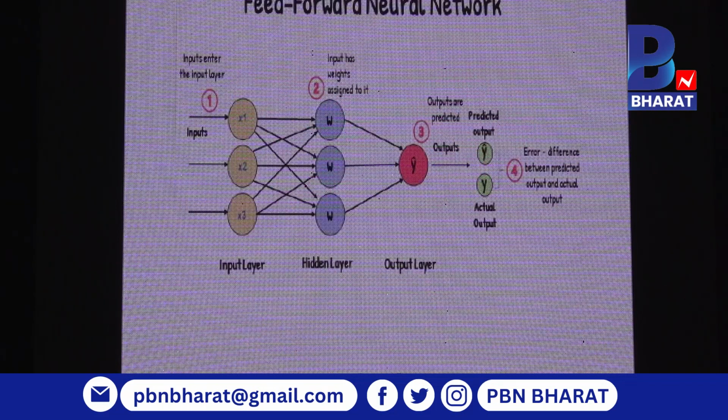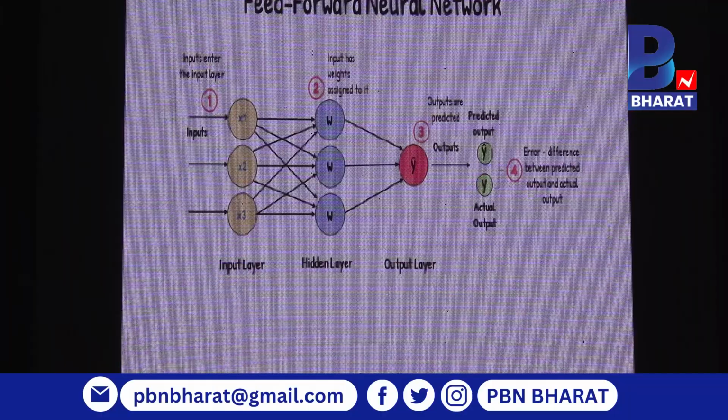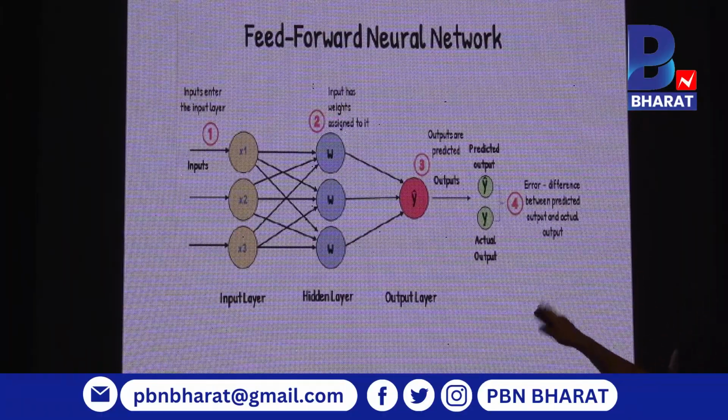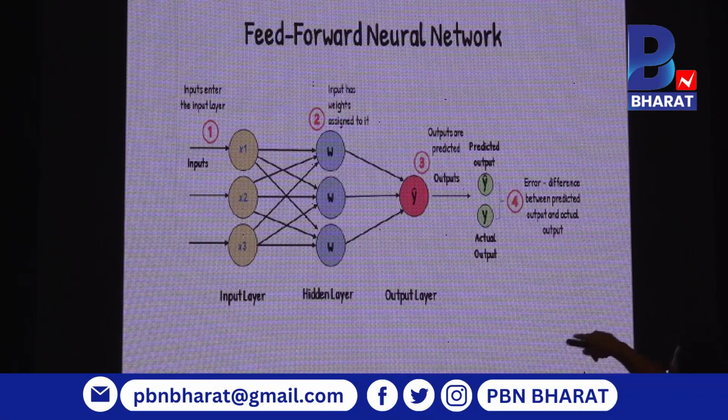Here I have shown a representative figure of a feed forward neural network, like a deep neural network, which has several such layers. You have inputs, represented by the circles.